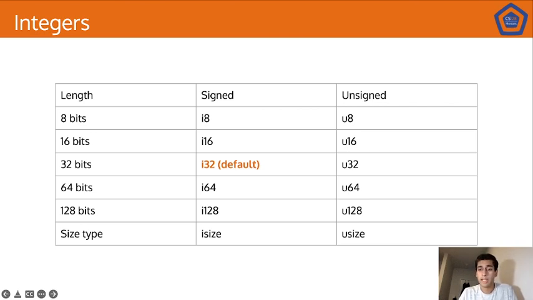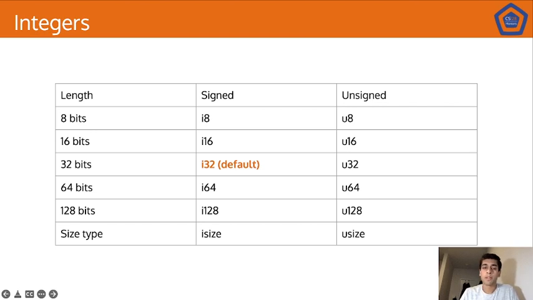And so my usize is effectively a U64. You'll often see usize as the variable type used to represent the length of data structures, so the length of an array, length of a hash map, et cetera, et cetera. Isize is similar. It's just the signed version of that.